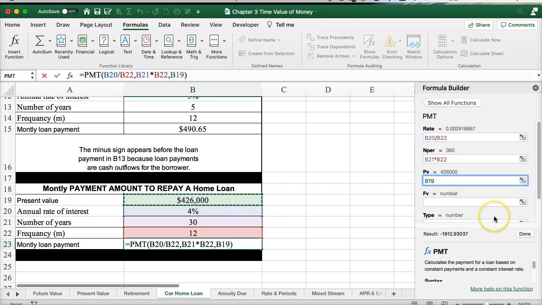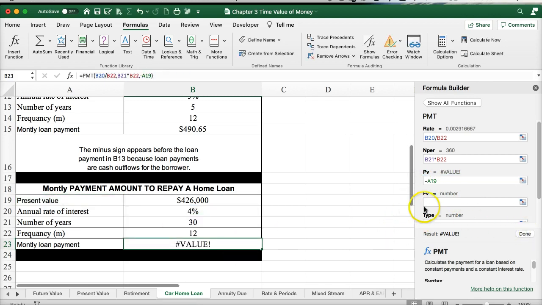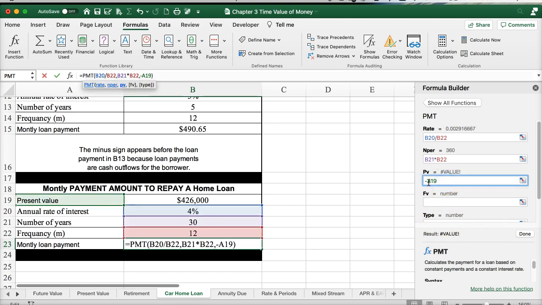So the loan payment, and I'm going to make this, again, negative. Oops, what happened here? Oh, I had to put it under present value.